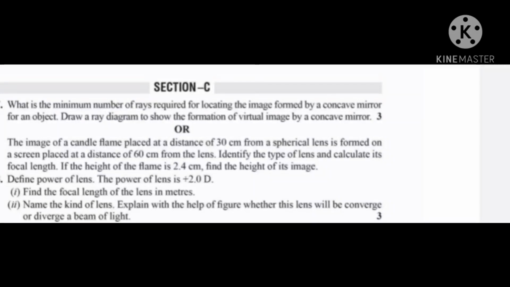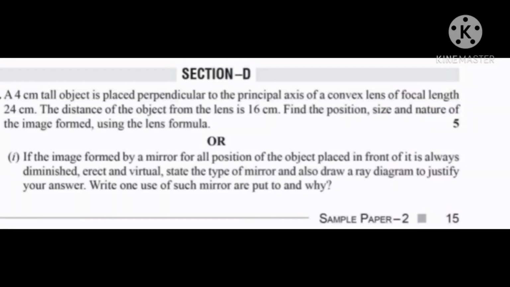Then next is define power of a lens. Then the power of the lens is plus 2 diopters. Find the focal length of the lens in meters. And second one, name the kind of lens. Explain with the help of a figure whether this lens will converge or diverge a beam of light. A simple question only. So try to do it.